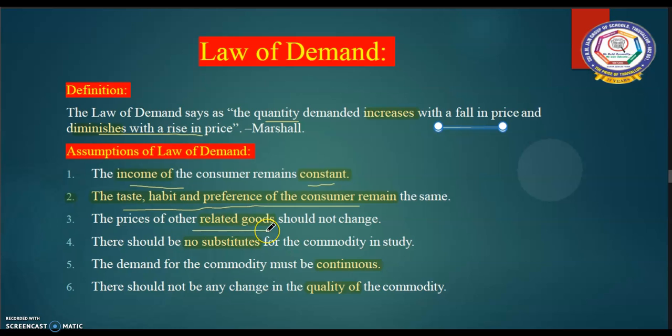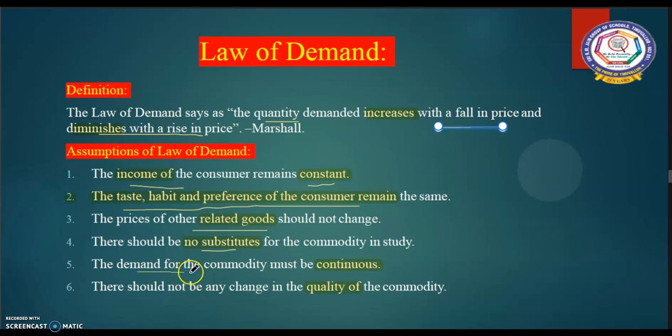Third, the price of other related goods. The goods which we are going to purchase, some goods will be related to that, so the price of those related goods also should not change. Next, no substitute for the commodity. We will be preferring certain products, and there should not be any substitute for that particular product.